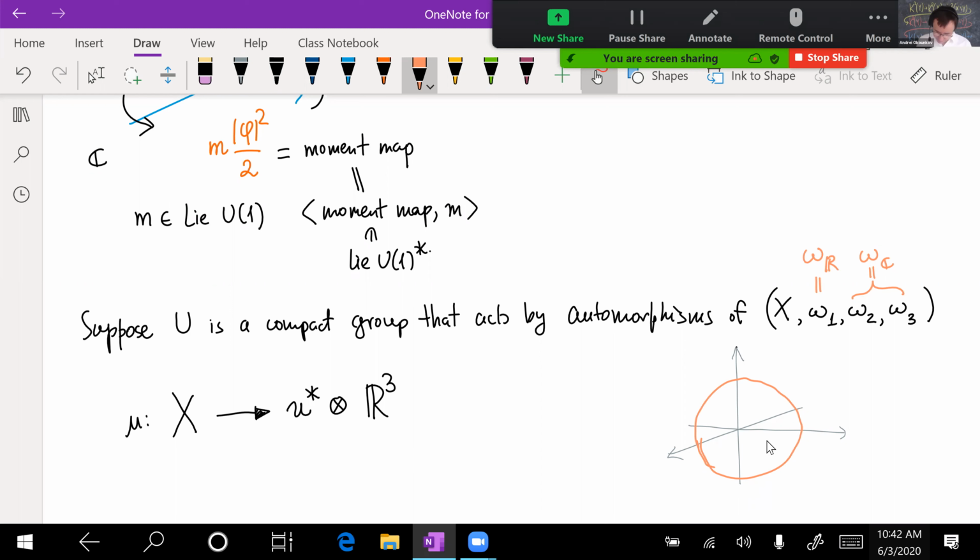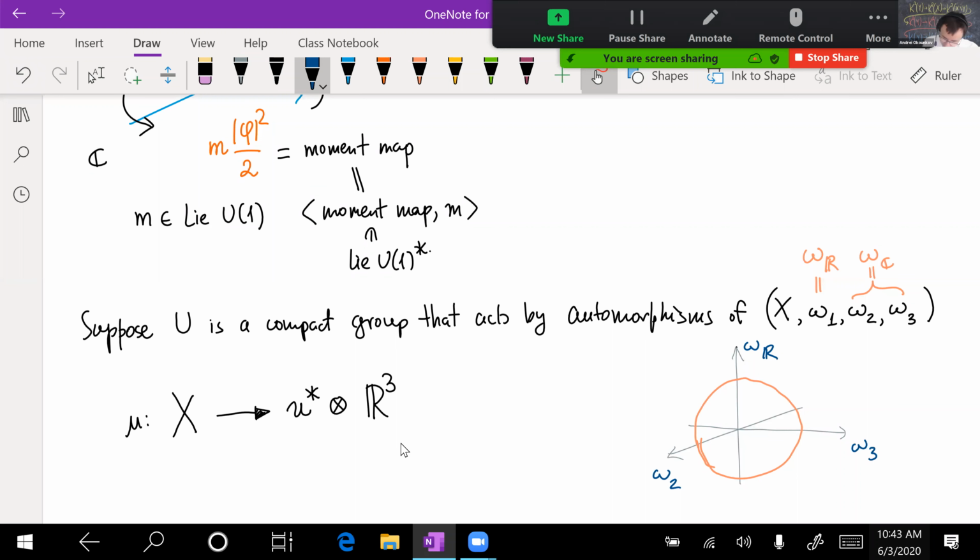So in principle, we have 3 different things, and we can pair it with 3 copies of, let's imagine these are the 3 symplectic forms. All right, real, and then there's in this plane. And so in principle, we have 3 components of this moment map.